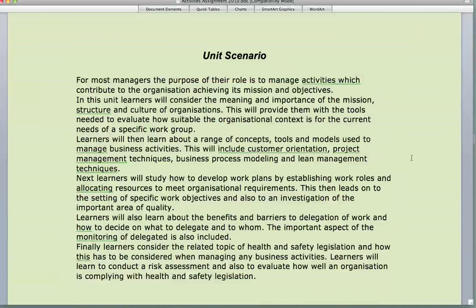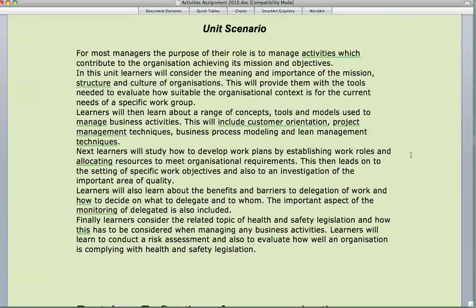Here we have the unit scenario, which is from the Edexcel text within the unit specification document from Edexcel, and overviews the orientation of the module, looking at mission statement, structure, culture, management techniques, things like just-in-time management, total quality management, lean manufacturing, this sort of thing.